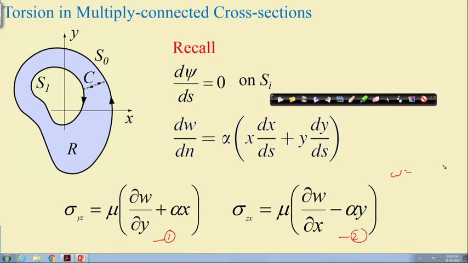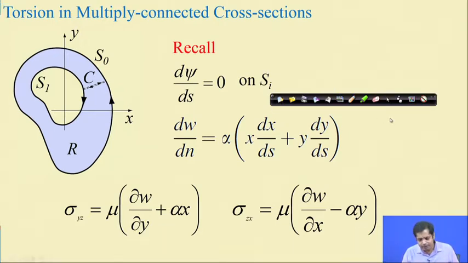These examples are solved in any elasticity book, where the solutions and the steps are also given. Do this exercise, get the solution for W, and then compare the solution for W for a hollow elliptical shaft with that of a solid elliptical shaft, and see what the differences are.